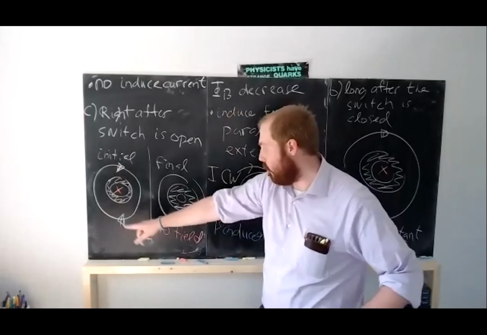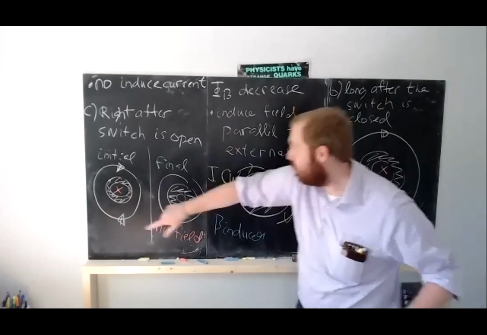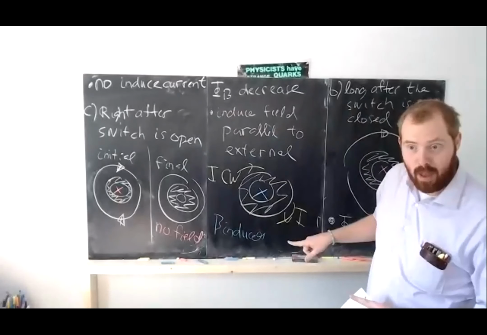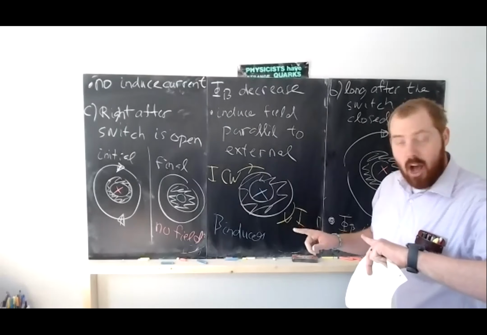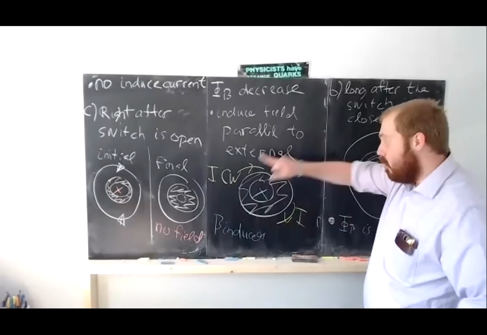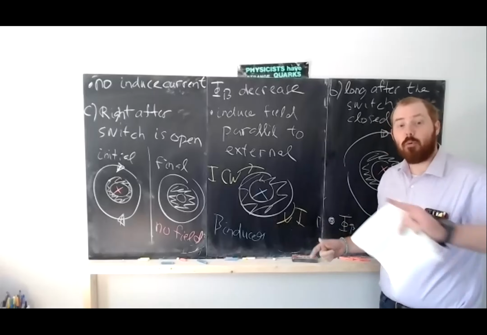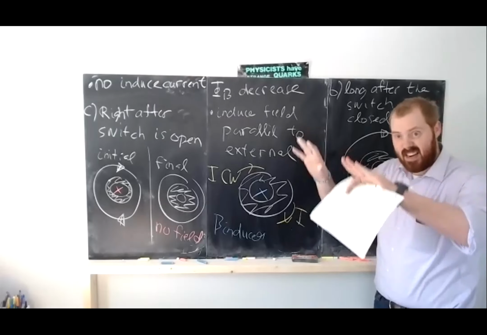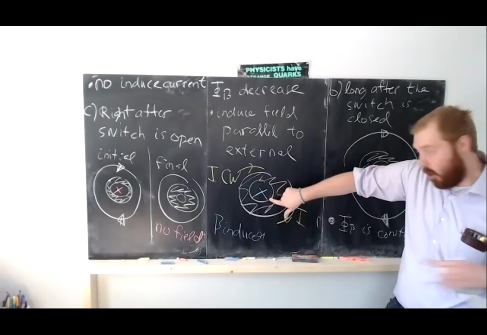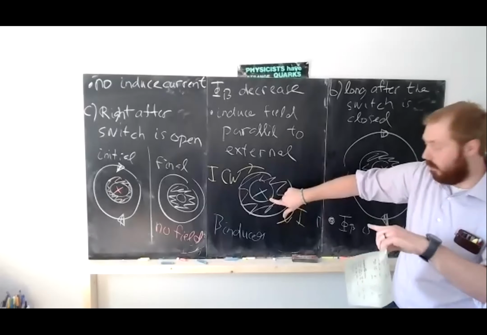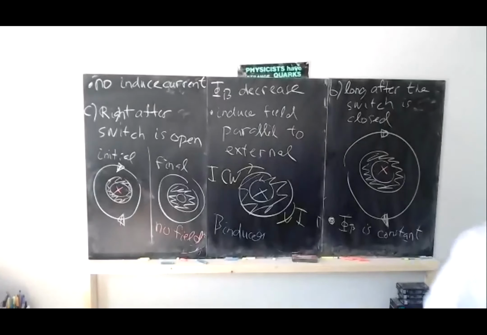Then open the switch, kill that, no magnetic field from the big loop. Which means that the little loop went from having some flux, magnetic field lines going through it, to the magnetic field lines going away. So the loop says, try and replace what I just lost, because flux went down. So I want fields pointing into the board again, to replace what we lost.